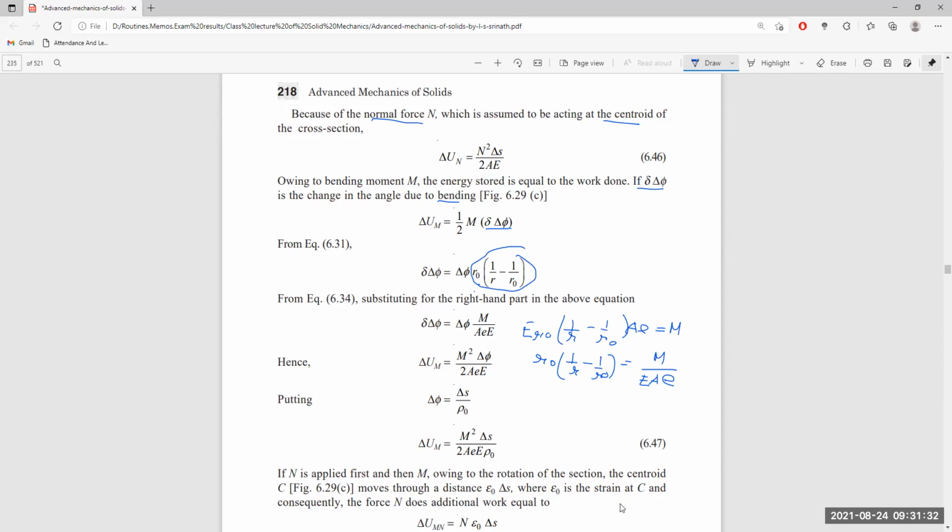Here, if we put delta phi is equal to delta S by rho 0, the relation will become M square delta S, and if we replace phi by delta S by rho 0, then M square delta S equation will take this particular form, M square rho 0 into A, E and E itself, which we are replacing here.